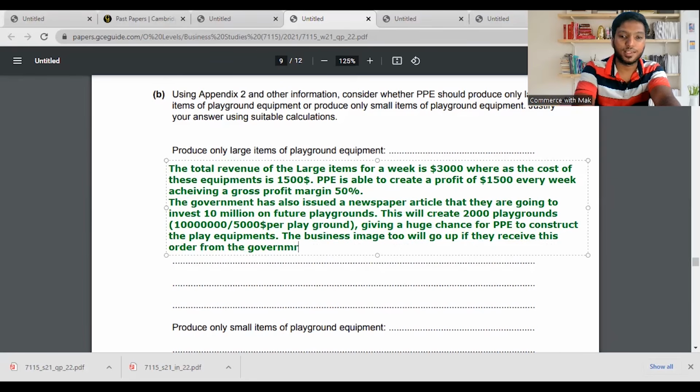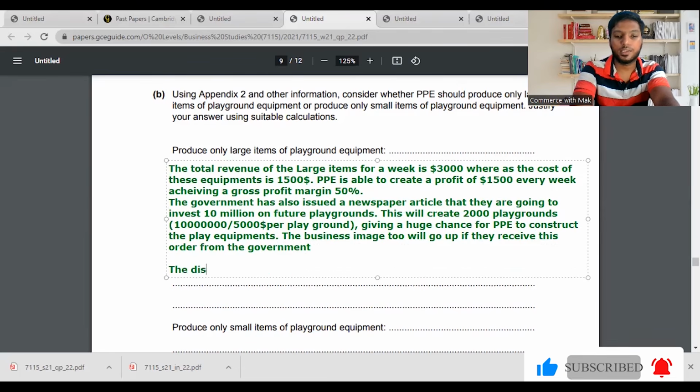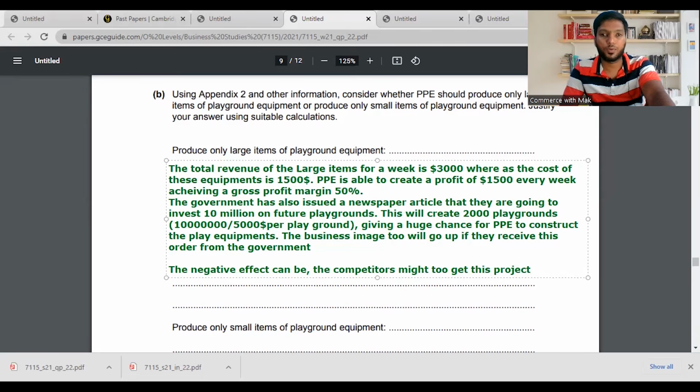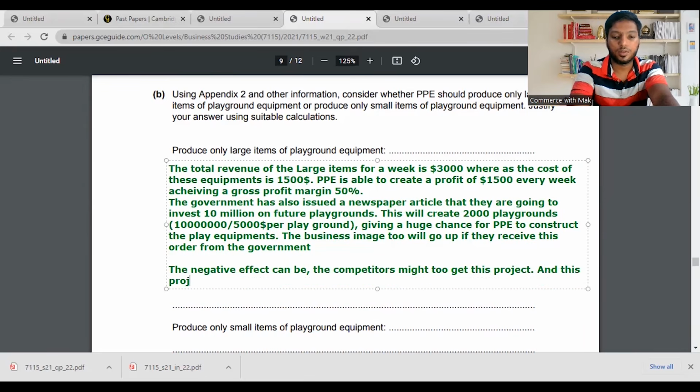But on the other side, what is the negative effect? Don't write disadvantage, write negative effect. The competitors might get this project. So if the competitors get the project, you will lose all the profit which you are making. So that will not be a persistent thing. And this project is a one-off project. So after one project, you don't have any idea what the business will do.